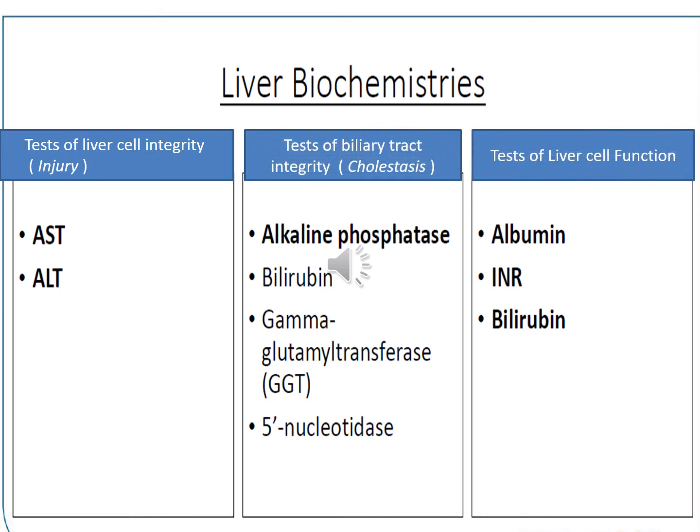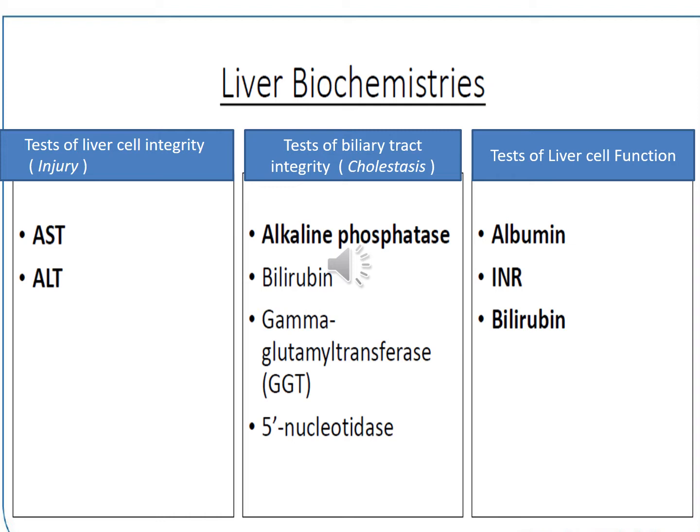Liver function tests, or according to the new nomenclature, liver biochemistries, include liver enzymes, AST and ALT. These are called tests of liver integrity, and they denote liver injury. Alkaline phosphatase, bilirubin, gamma GT and 5-nucleotidase are tests of biliary tract integrity, cholestasis.